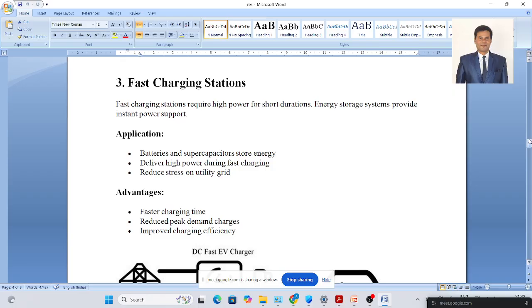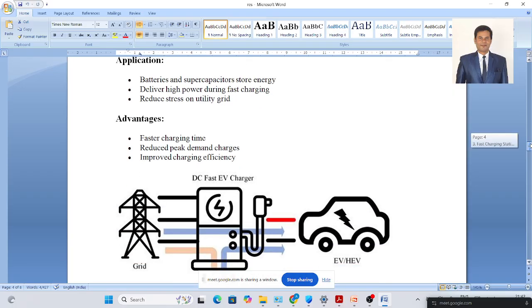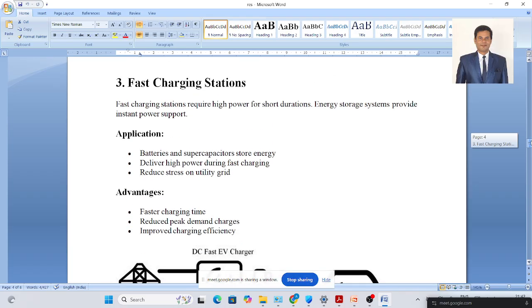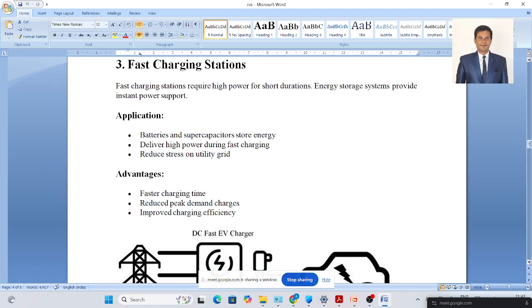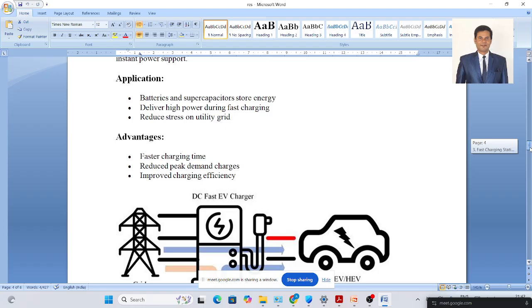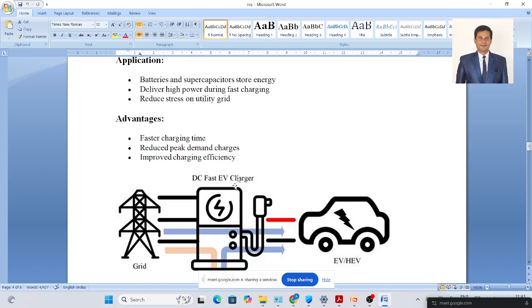It is also used in fast charging, right? You can have fast charging. This is one of the applications of energy storage for renewable energy, right? Fast charging requires high power for a short duration, where you can use DC fast charging to take the stored energy from the grid to the EV chargers, where you can charge electric vehicles or heavy electric vehicles, right?